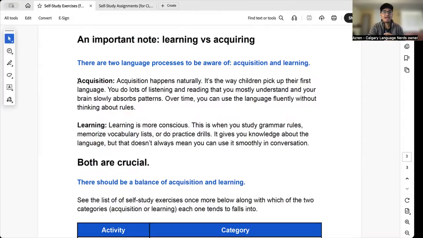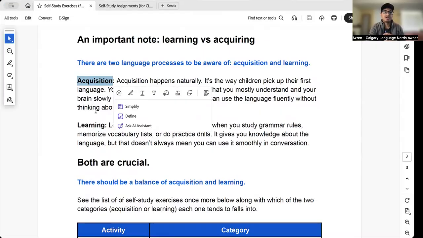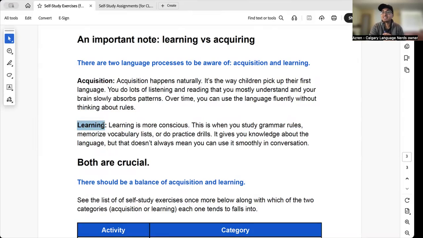This style of activity is difficult to do. It's not something you can just instantly go and do like the other 10 activities I gave you, but it's hyper powerful. It will supercharge your acquisition process. Again, this is not a learning activity. It's not a studying, conscious activity. This is supercharging your acquisition process.